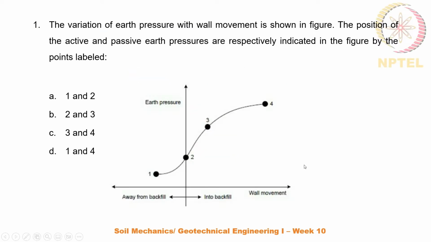So the first question for today's session is: the variation of earth pressure with wall movement is shown in the figure. The positions of the active and passive earth pressures are respectively indicated in the figure by the points labeled. Which of the points represents active earth pressure and passive earth pressure?